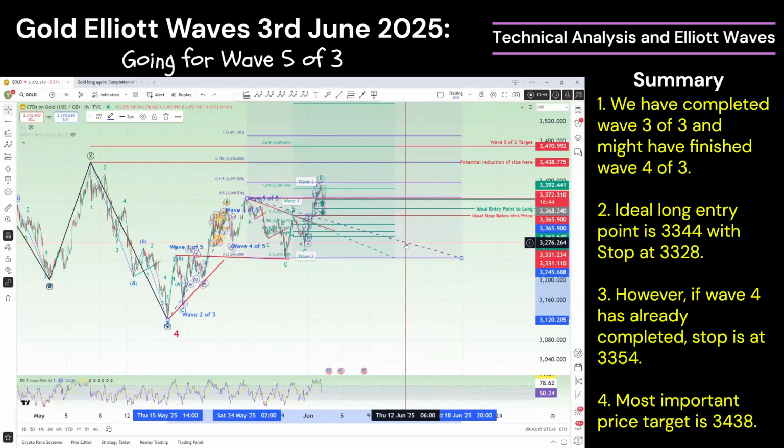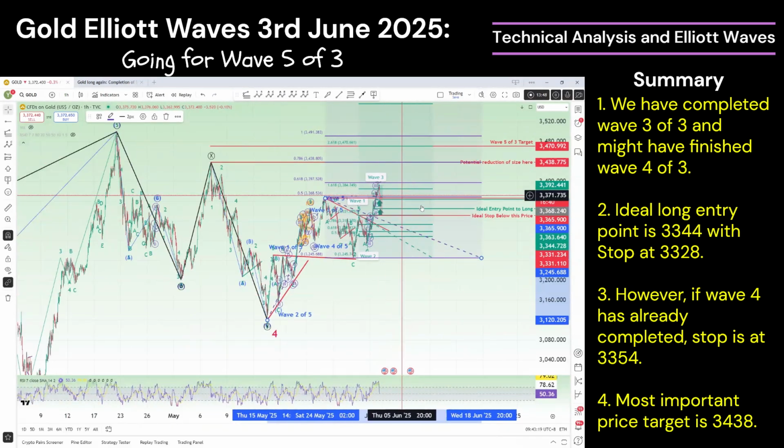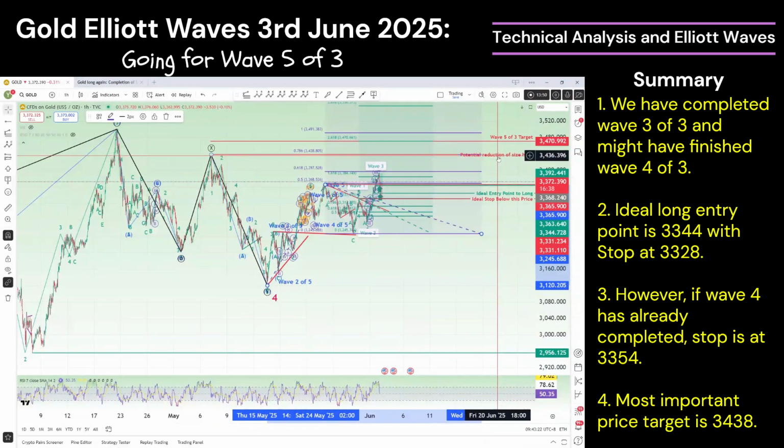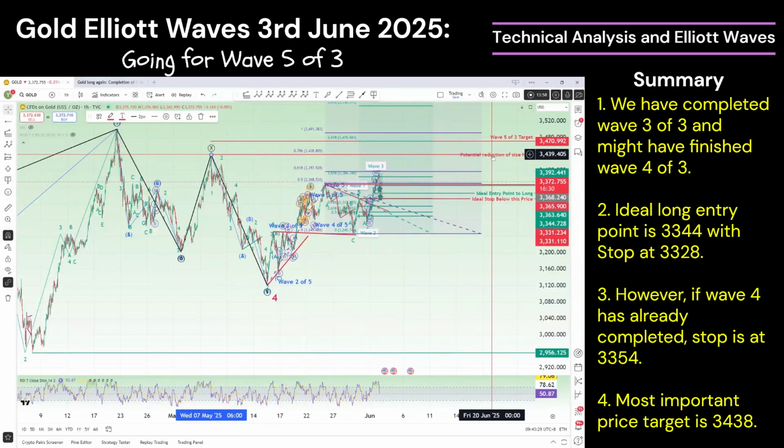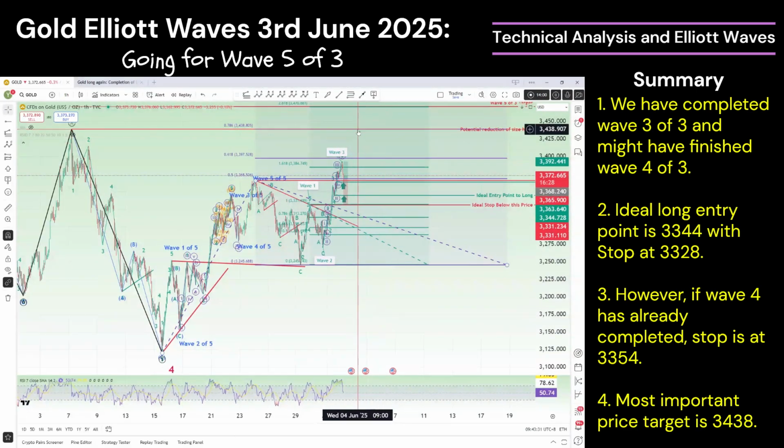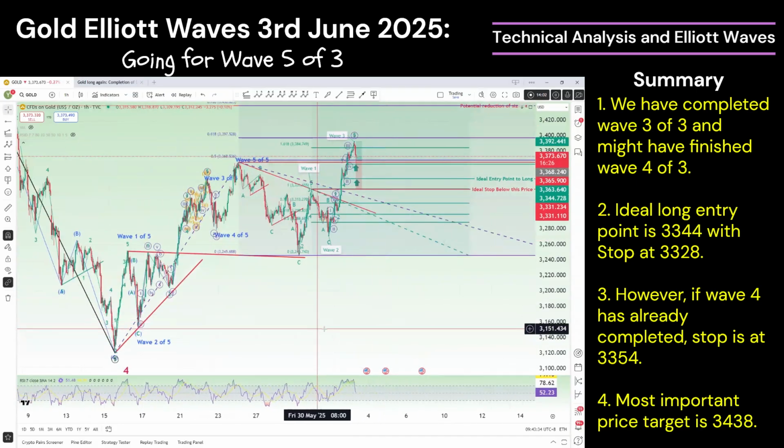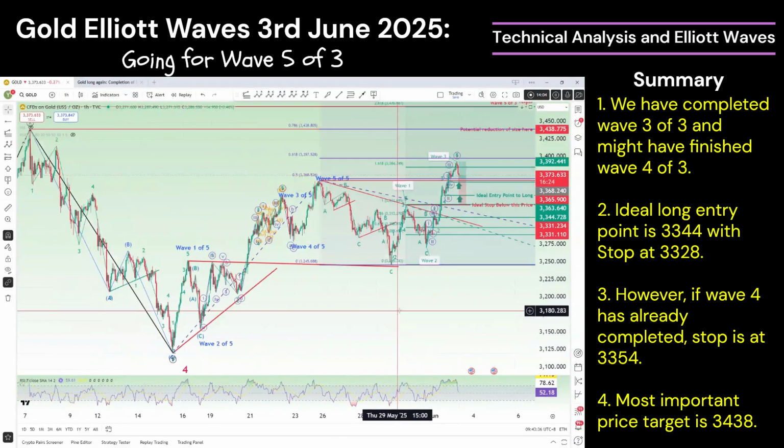Right, so these are some things to take note. Well, we'll take a look at this as it unfolds, right? But for now, this is the most important point: 3438. Right, but this is the most important one in the near term, 3438. And when it reaches here, we'll come and revisit this chart again.